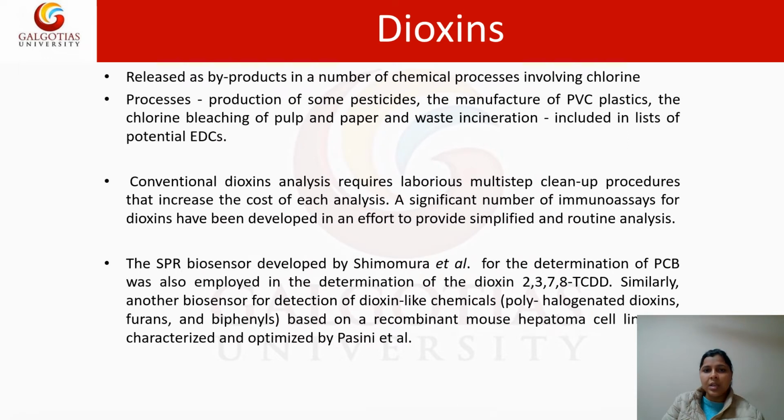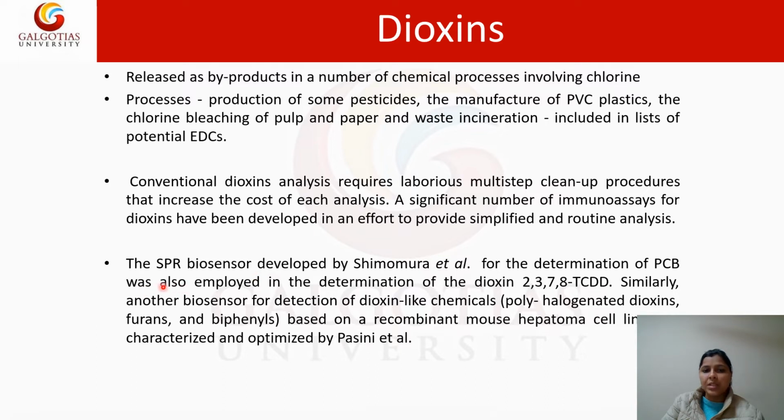Next one is dioxins. Dioxins are released as a byproduct in various chemical processes. Biosensors used for detection of dioxins include the SRB biosensor, developed by Shimomura for the determination of PCB.